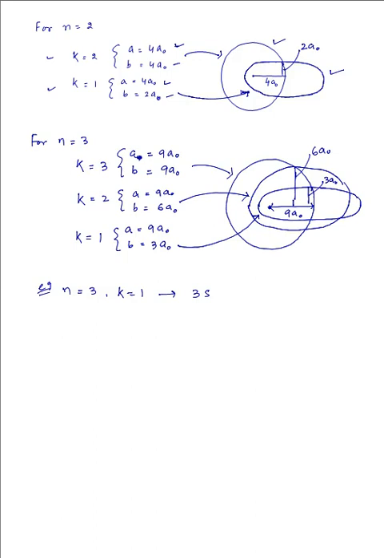And again, for n is equal to 3, k is equal to 2, we have it as 3p. And likewise, it is seen that the s electron orbit with the lowest k is most elliptical in a family of orbits having the same major axis, that is the same value of n.